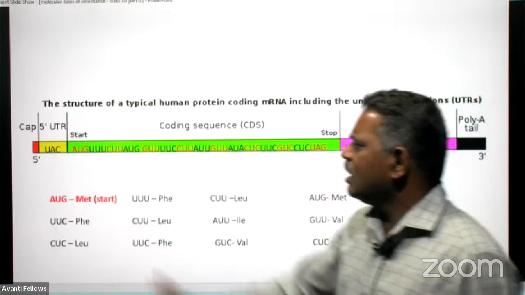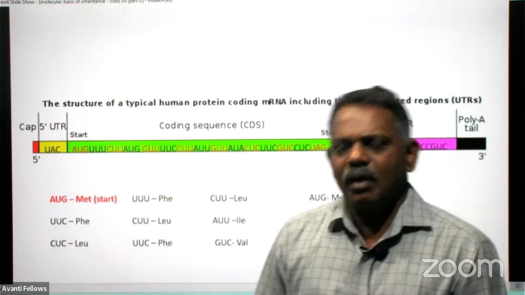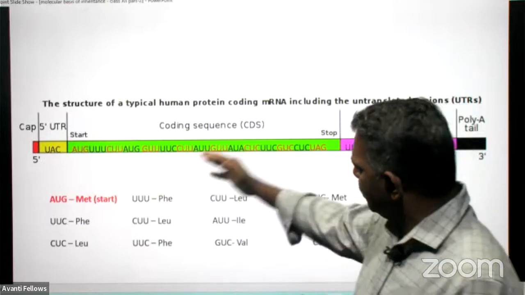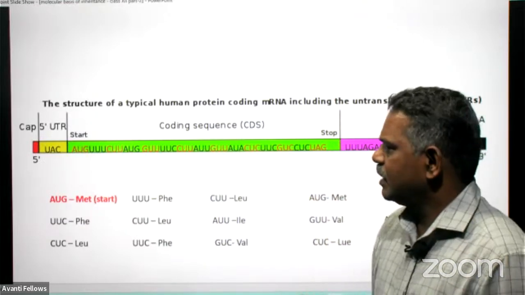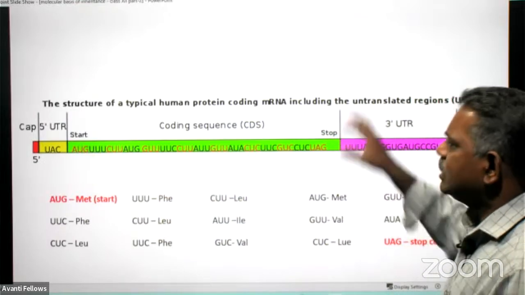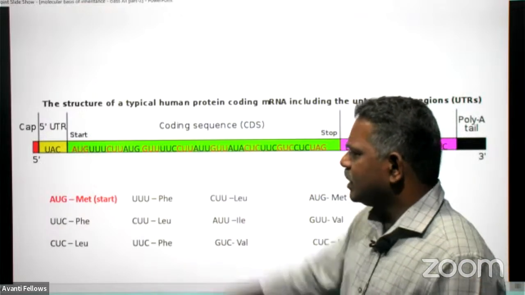You should not think that AUG is only for starting. No. Of course, every protein starts with the amino acid methionine only, but in between also it will come, depending on the nature of the protein. Right. So according to the triplet codons given in the mRNA, tRNA will come and place all the amino acids one after another.